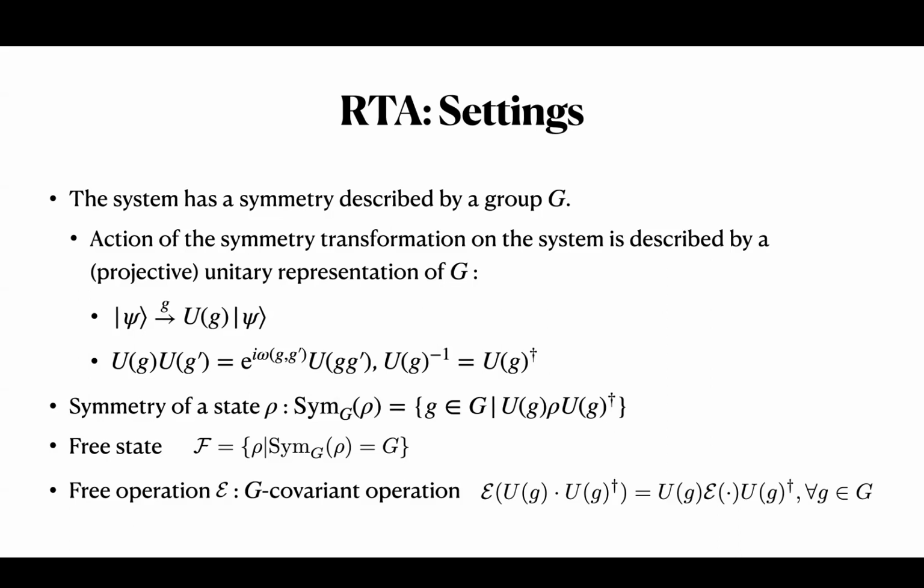In this setting, we define the symmetry of a given state, which is the set of elements that do not change the state rho. And using this symmetry, we can define the free state, where the symmetry of the state is the whole G. This means that the state does not change under the symmetry operation.